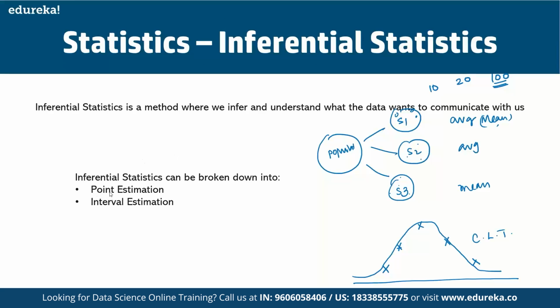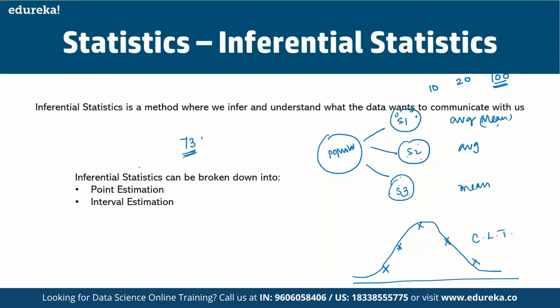There are two things. One is called point estimation and the other interval estimation. So point estimation means I am saying the average age of people will be 73, right? How often can you give this exact value? Not always, probably not always, or maybe we can never give this value.